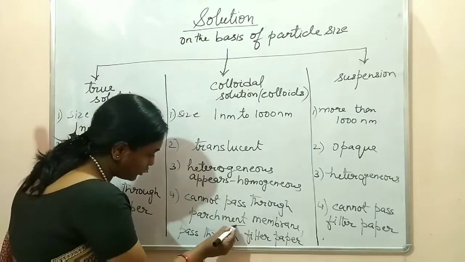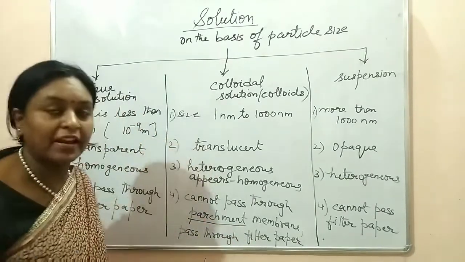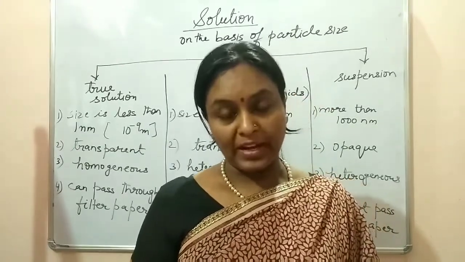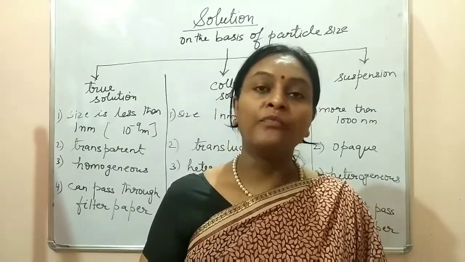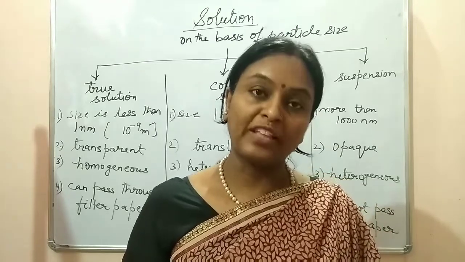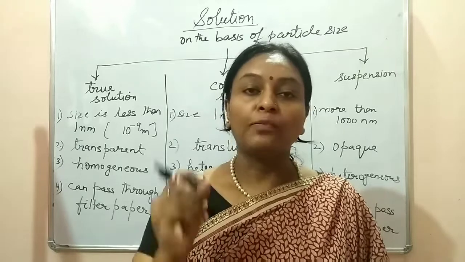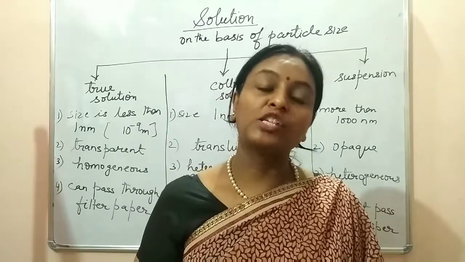So now I am going to talk about what a parchment membrane is. A parchment membrane is a semi-permeable membrane. It does not allow the solute particles to pass through, but can allow solvent particles to pass through, because the pore size of parchment membrane is quite small.